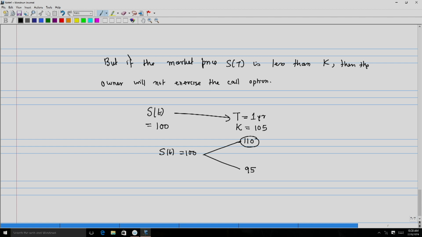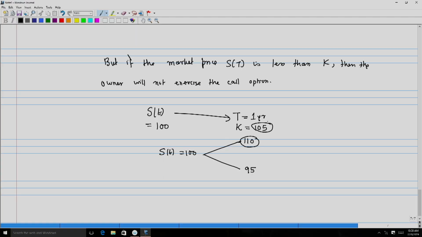Let us examine what is going to happen if the stock price goes up to 110. Then party A, the owner of the option, will consider two positions. They see that they can purchase the stock for 105, which is the strike price, and immediately sell the stock at the current market price of 110.